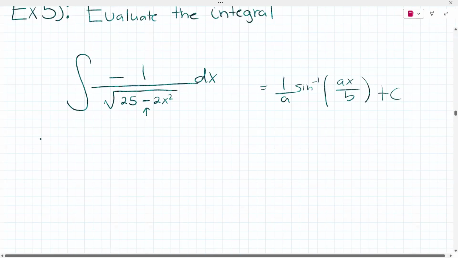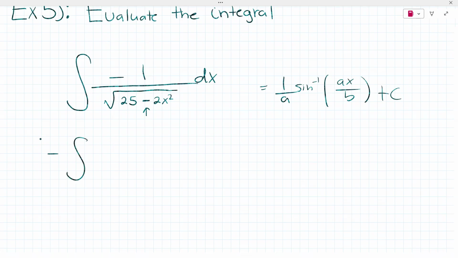So first step is get this into a 1, so we can factor out that -1. And then, number squared minus number squared. So what number squared gives you 25? 5.